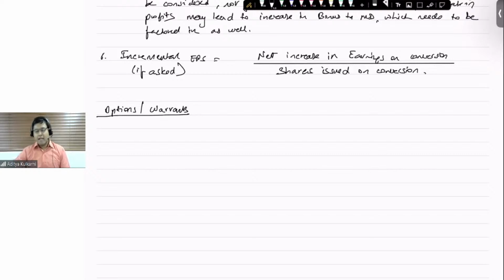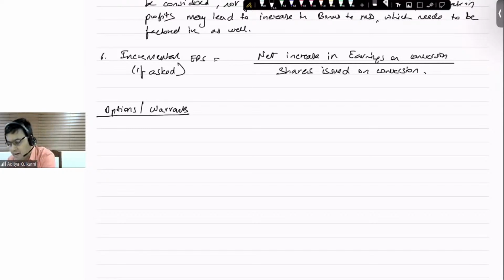Now the money which I'm getting, if I had to issue those shares at a fair value, how many shares would be issued? So suppose I have given an option for 100 shares. So for 100 shares, say at 25, I am going to get 2,500 rupees potentially. Now 2,500 rupees divided by, let us assume that the market price is 150.